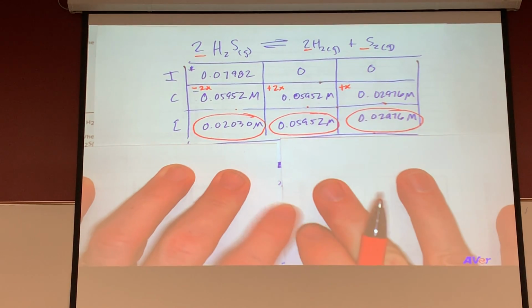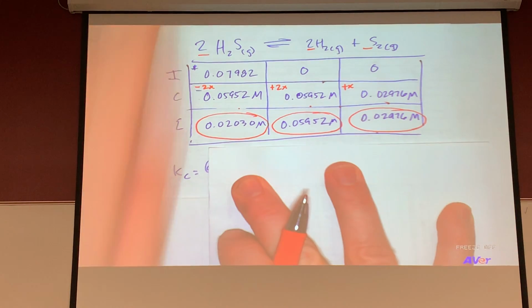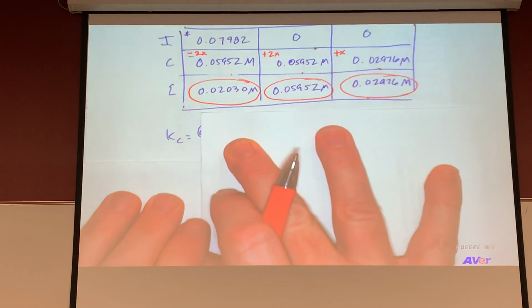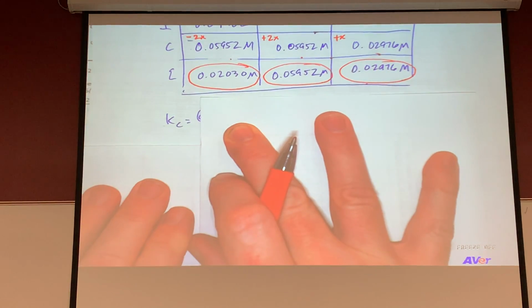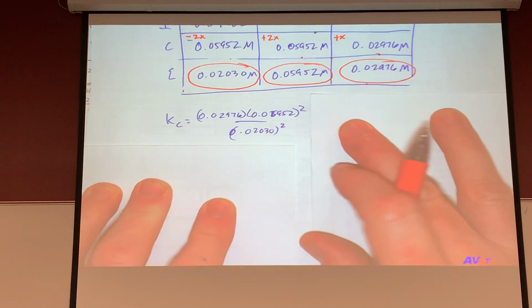Okay. Then, let's see what I've got. I think the next row is asking for KC, right? On the next problem, asked to solve for the KC, you are using your equilibrium values. You plug in your numbers. There they are.